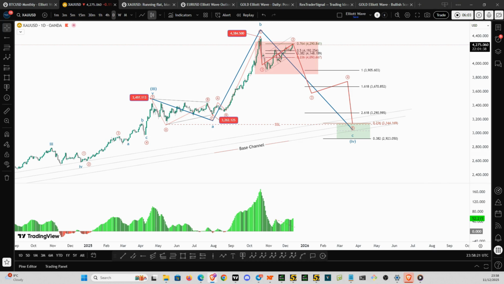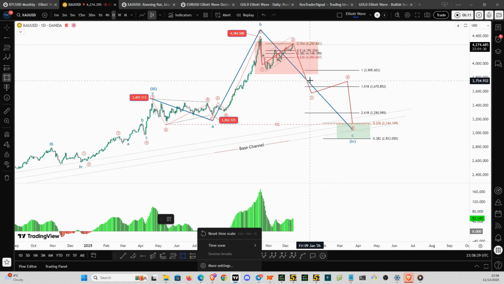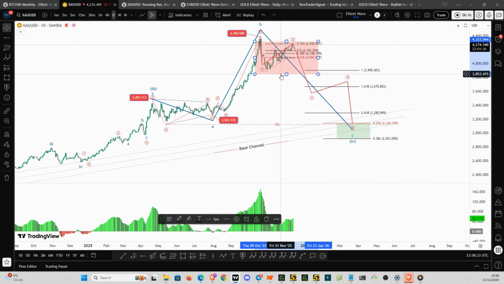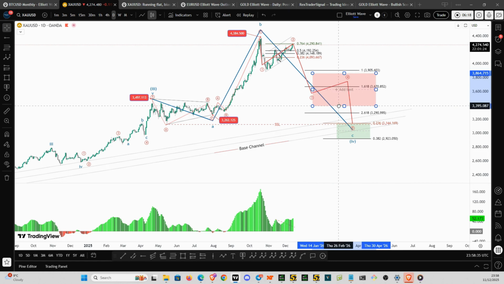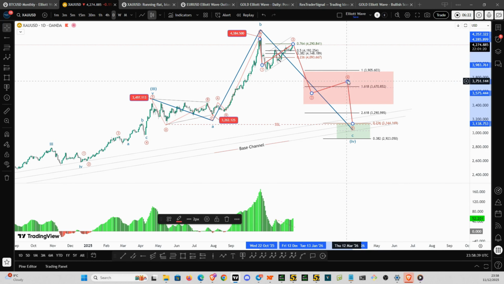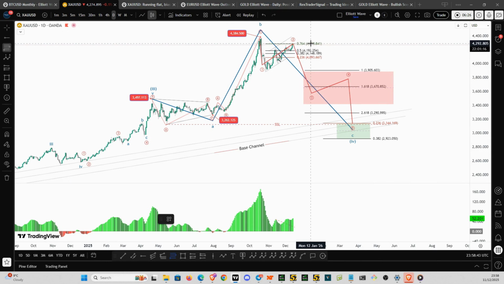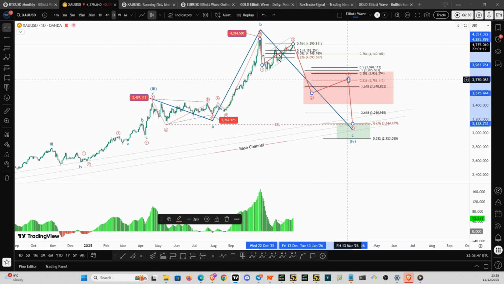Back to daily, completion of C and end of wave 4. Once wave 3 of C reaches the 1.618 extension near 3,669.700, a brief wave 4 of C counter-trend bounce becomes likely, followed by wave 5 of C driving into the main completion zone around 3,144.856.